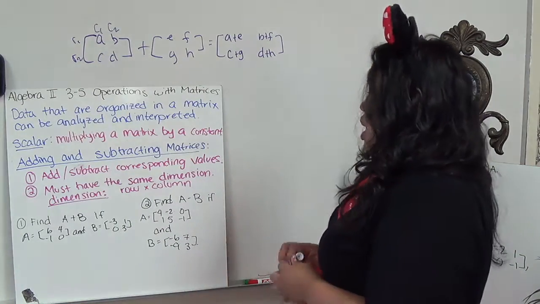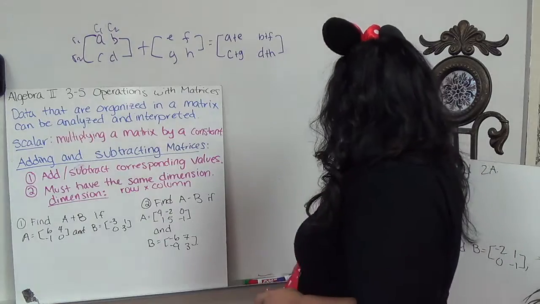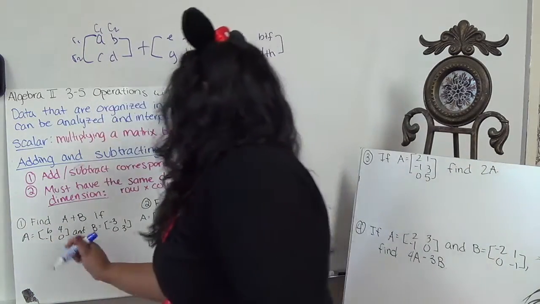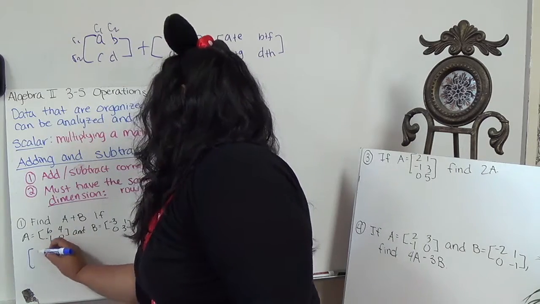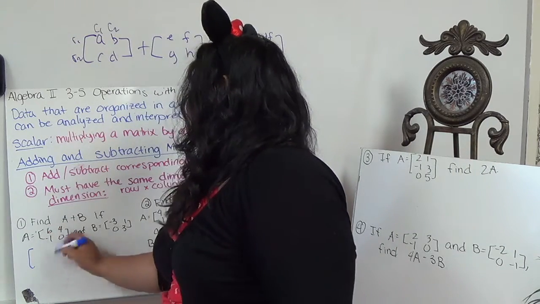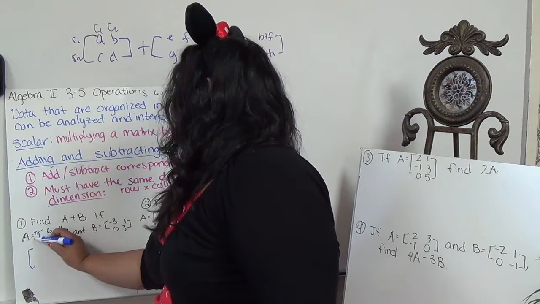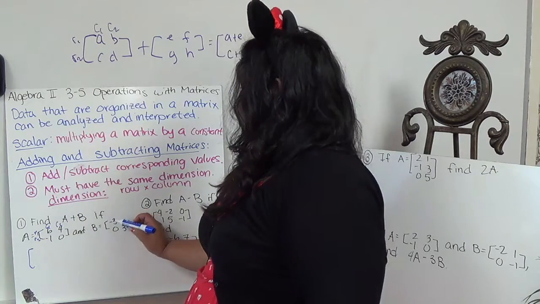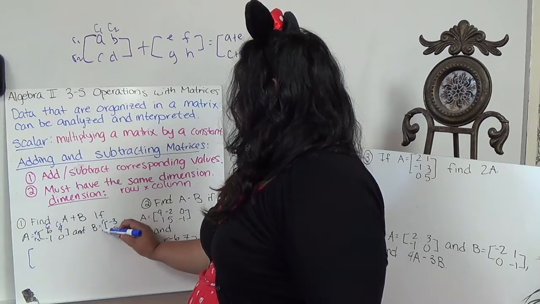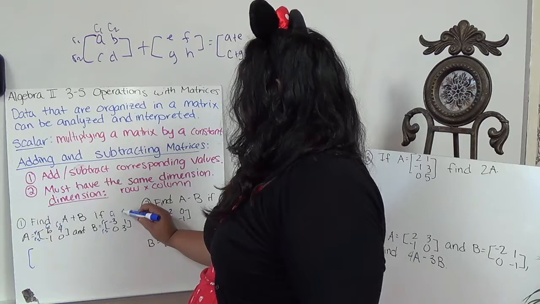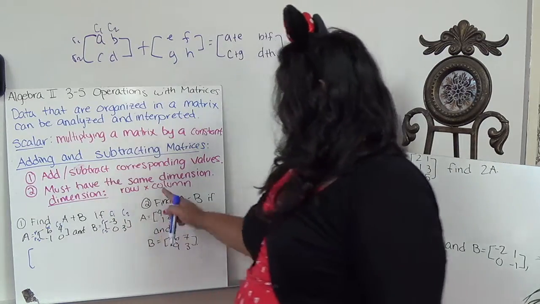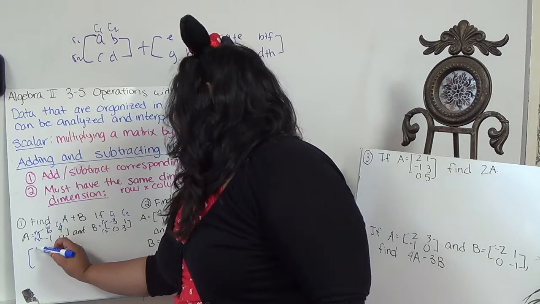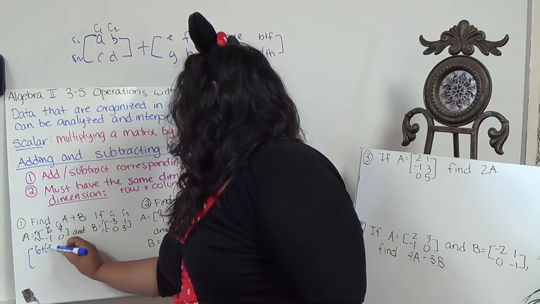So for example, number 1 wants us to find A plus B. This is a 2 by 2: row 1, row 2, column 1, column 2. I have to check if this has the same number of rows and columns. After I check this, then I can add them with corresponding parts. So row 1, column 1 would be 6 plus negative 3.